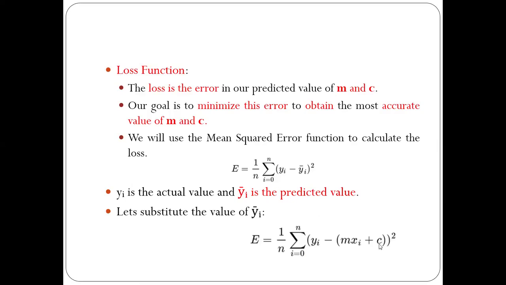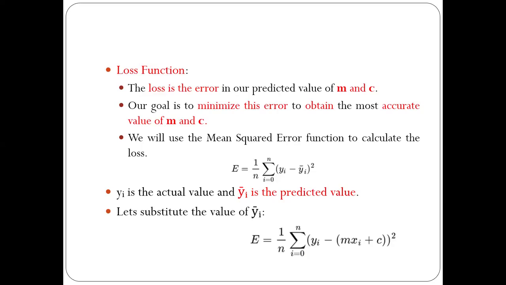If c square is partially derived with respect to c, it will become 2c, just 2 added in front as a coefficient. The equation will become 2 by n summation i is equal to 0 to n yi minus mxi plus c. That's it. Only one term is added additionally, that is nothing but 2.